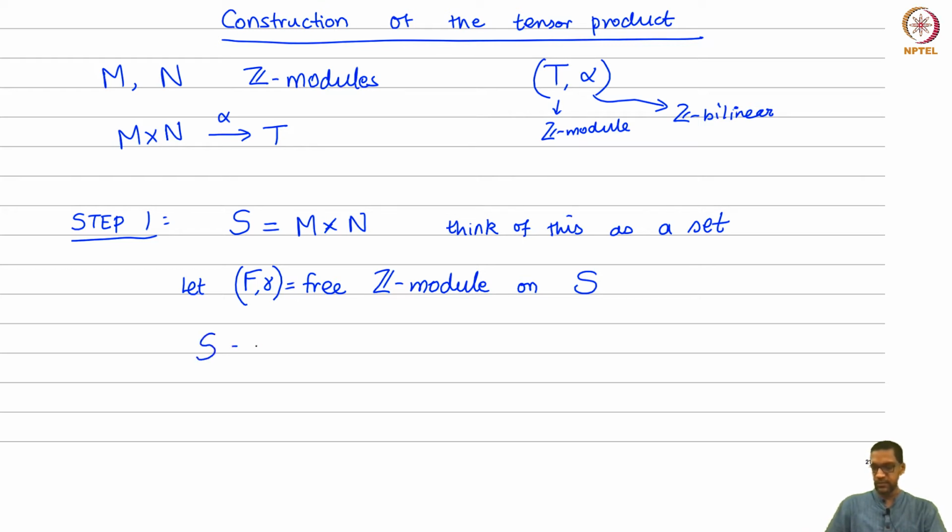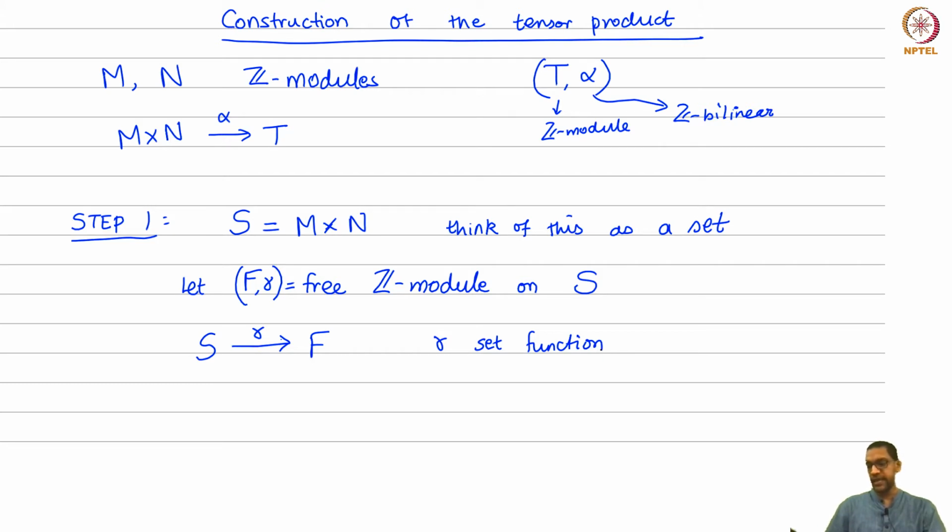Gamma is just a map of sets from S to F, an arbitrary set function, such that there was a certain universal property with respect to such pairs. Given any other Z module, any other abelian group, and a map from the set S to that group, there is a map from F to that group. That's what we looked at last time.